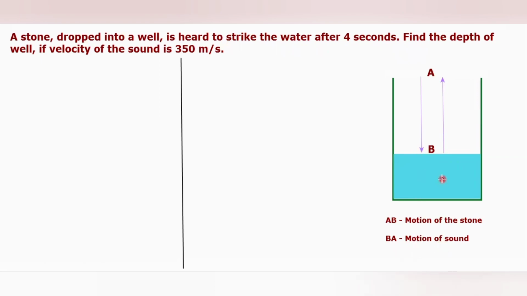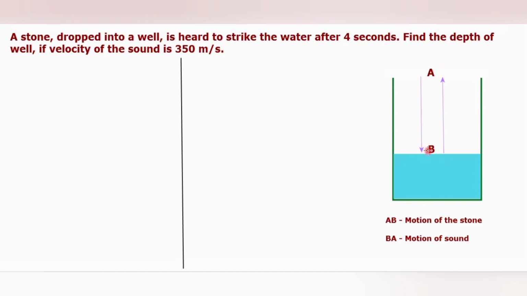BA is the motion of the sound, the striking sound. These two segments, AB and BA, we have to consider separately. In the motion AB, the distance is the depth of the well.